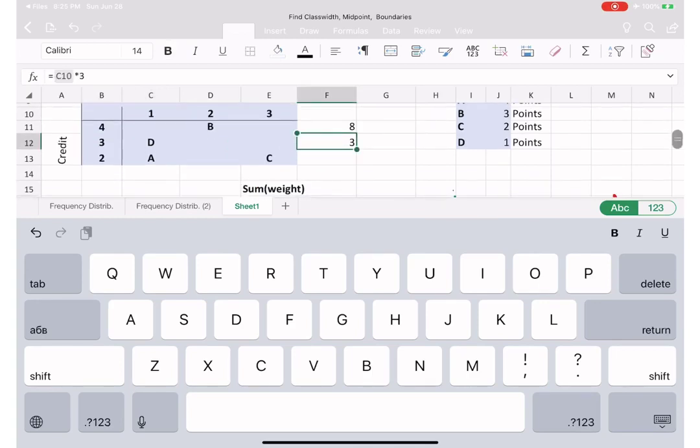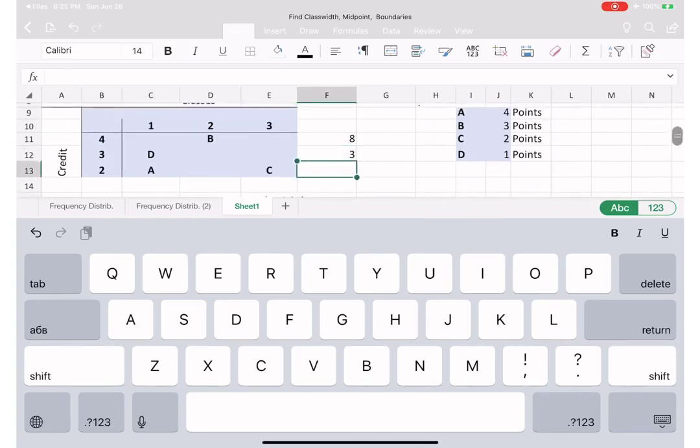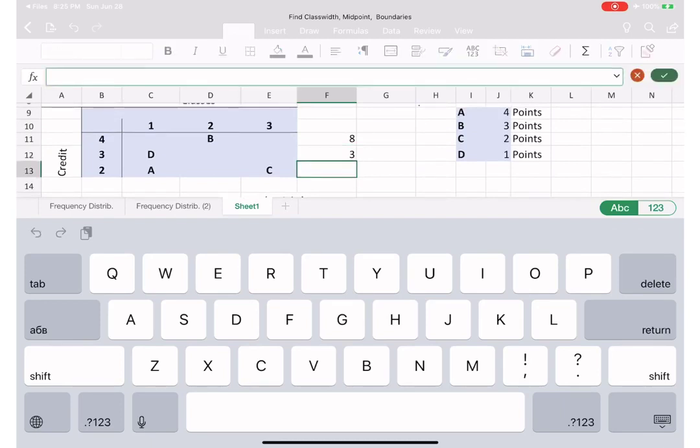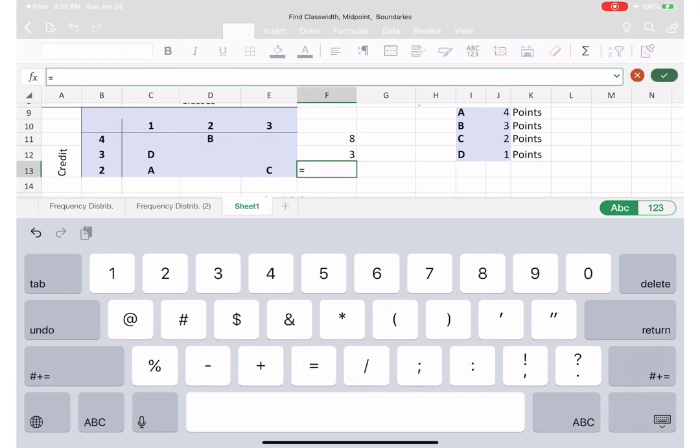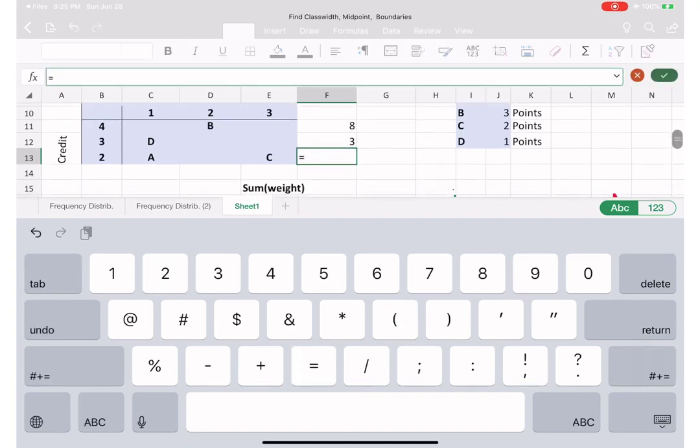Next, we are getting an A weight. So for A, it's going to be 1 class times 2 credit hours.